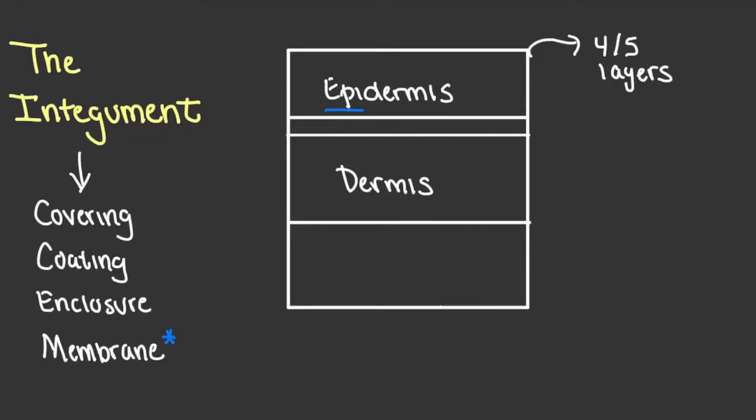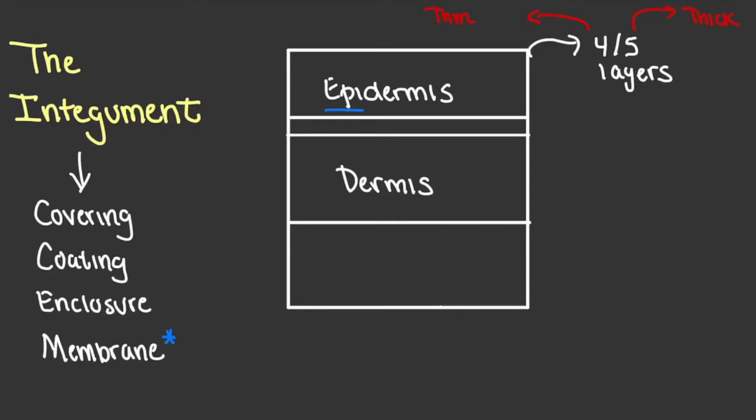And so the epidermis will most likely have 4 layers if we're referring to what's called the thin skin. And our epidermis will most likely have 5 layers if we're referring to what's called the thick skin. So again, 4 layers gives us what we call the thin skin, and 5 layers gives us the thick skin.